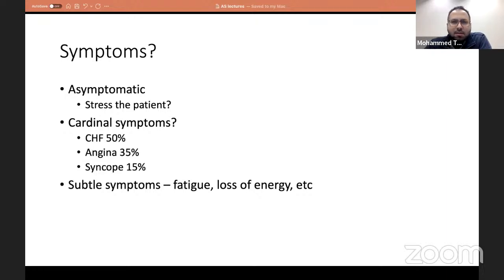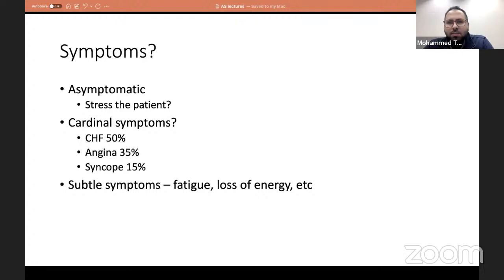It's on the slide. We make sure about the signs and symptoms of this patient. Okay. We need to look at the echo parameters of this patient and see periodically how they are changing. And we can do an exercise test for this patient to see if they become symptomatic during exercise or not.